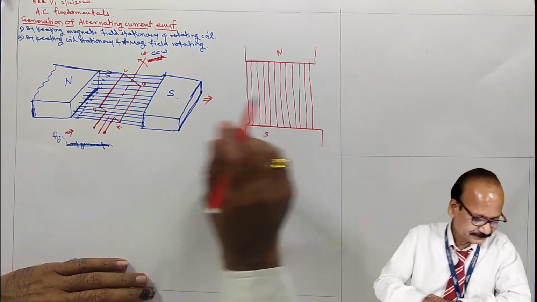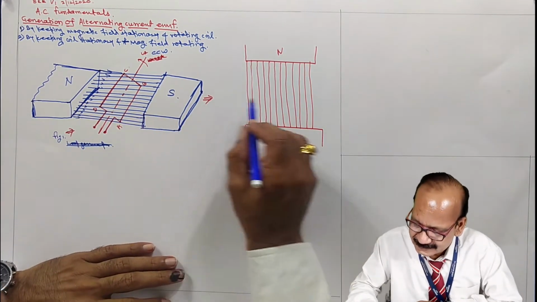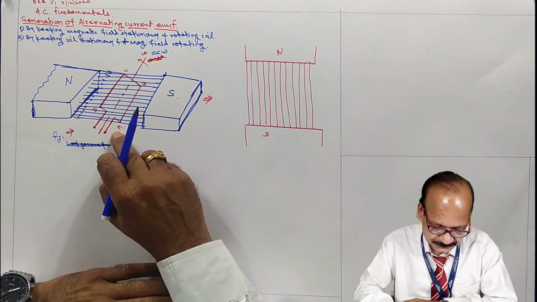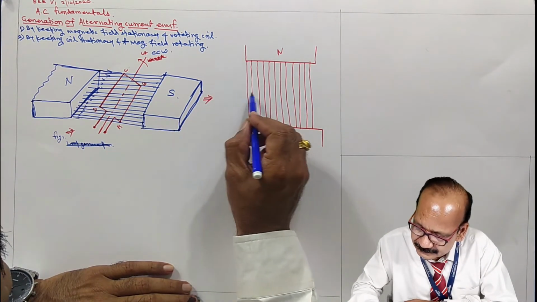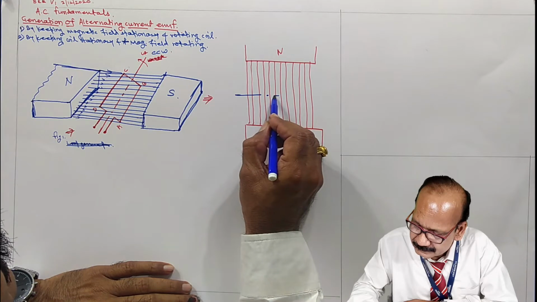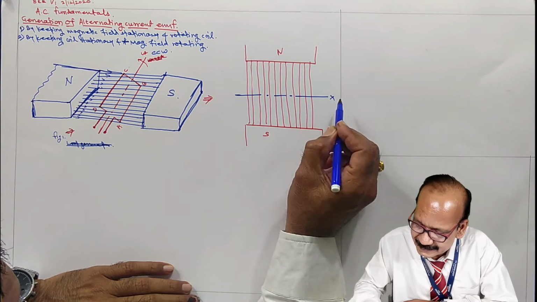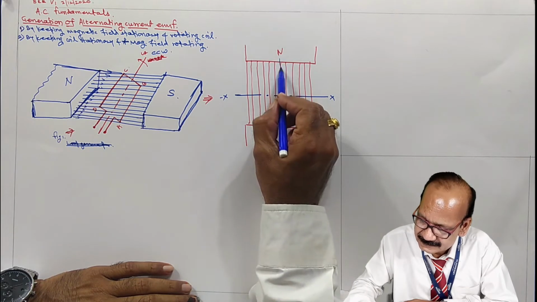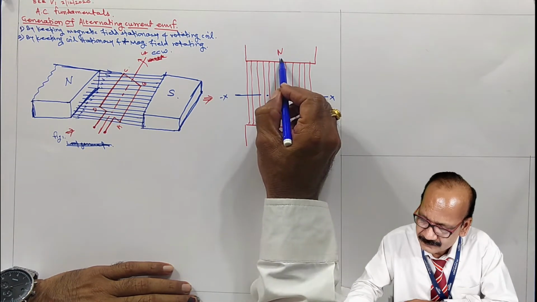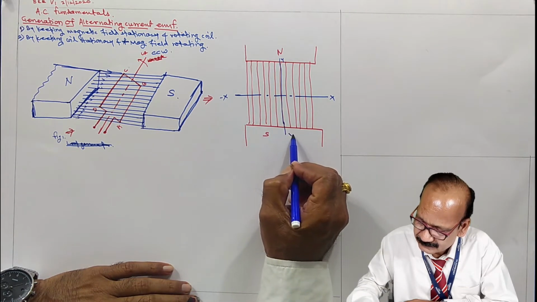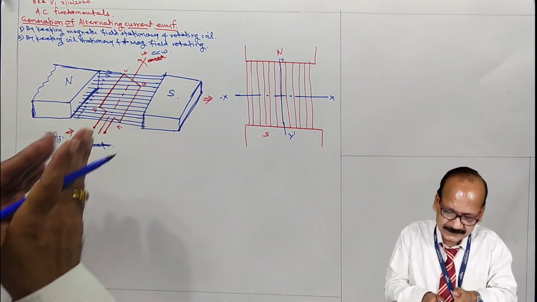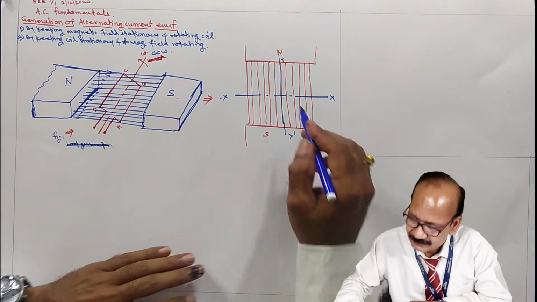Now say this is the reference axis, that is zero EMF axis, which is shown here. Say this is x and this is minus x, and this is y dash. Now this coil side, looking from the front side, AD we can look.